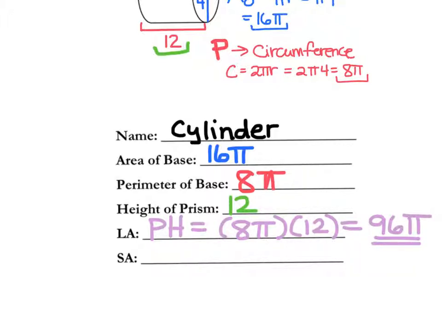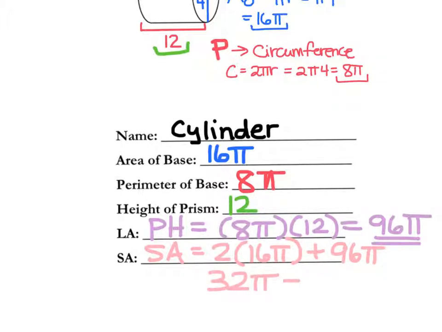Next, we will do our surface area, which is 2b plus ph. So that's 2 times my base, which is 16 pi, plus pH, which we already know is 96 pi. So 2 times 16, 32 pi, plus 96 pi.